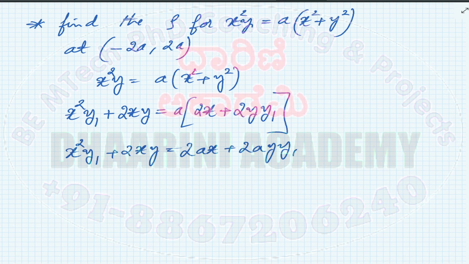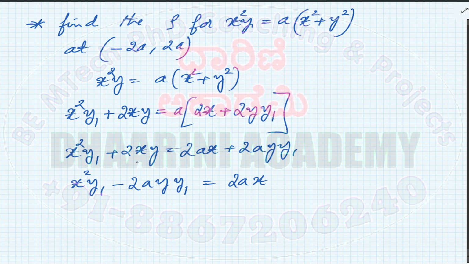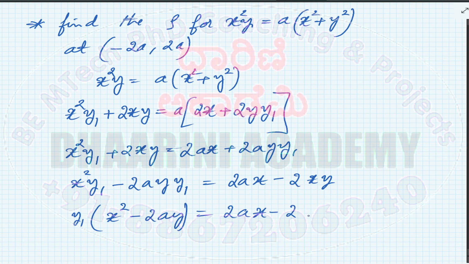So we take the terms containing y1 to one side, that is x square y1 minus 2ay into y1 is equal to 2ax, and I'll take the other term to the right side, that is minus 2xy. So you can take y1 common here, y1 into x square minus 2ay is equal to 2ax minus 2xy.